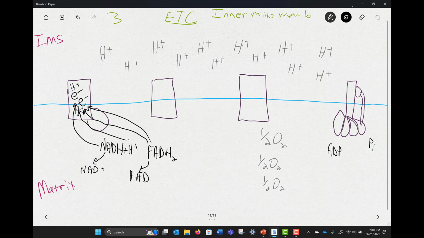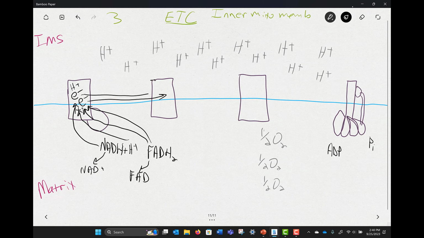This protein, the first protein, once he has electrons, he is a kind of ejector. He holds on to those electrons and those protons. But what happens? The second protein likes electrons even more than the first.